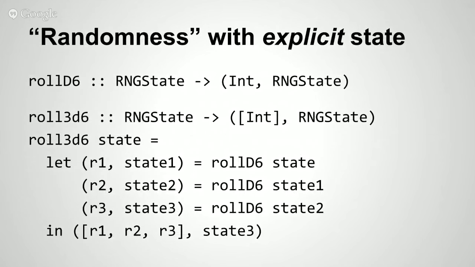And then rolling 3 dice would look like this. It's a function that takes your initial state, you roll d6, get a roll and state 1, roll d6 using that state 1, get R2 and state 2, and so on.